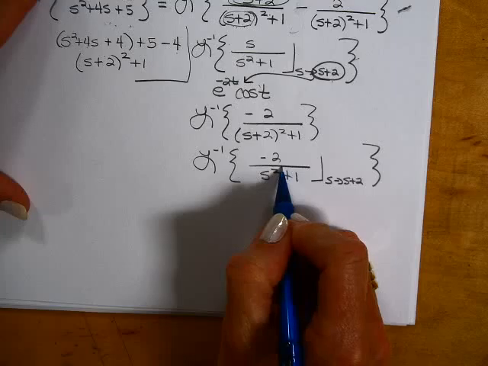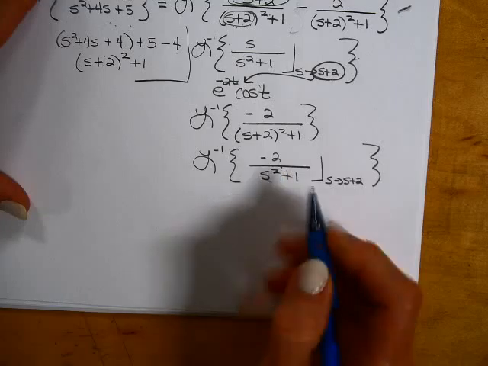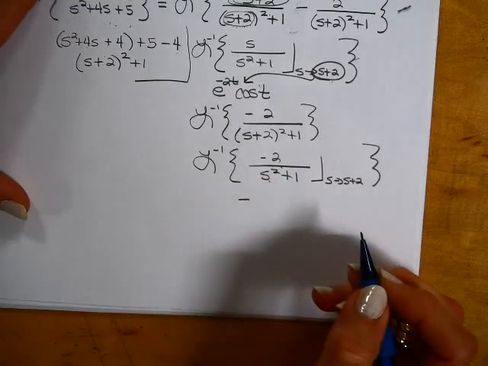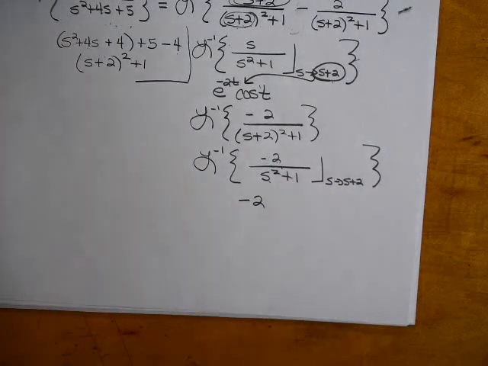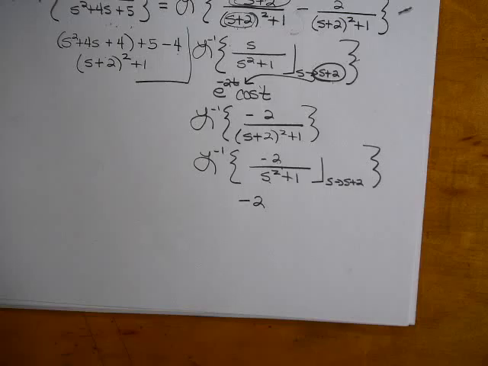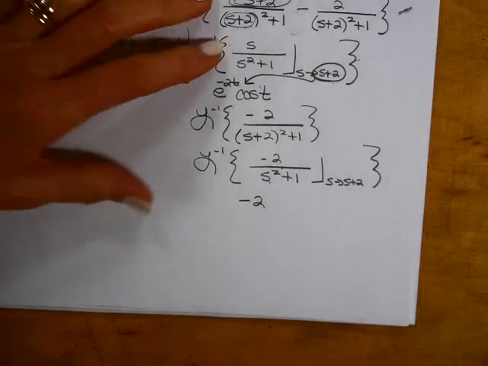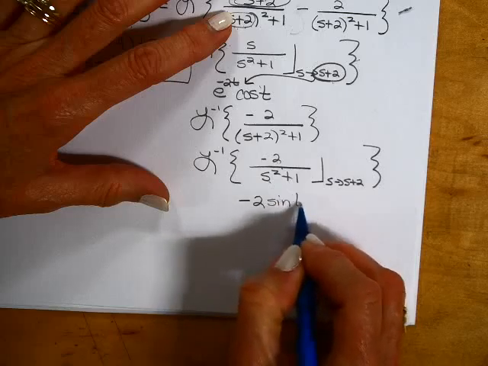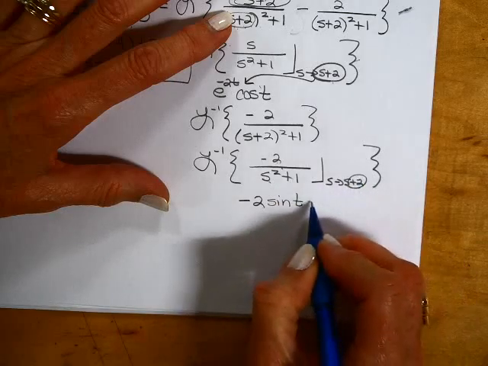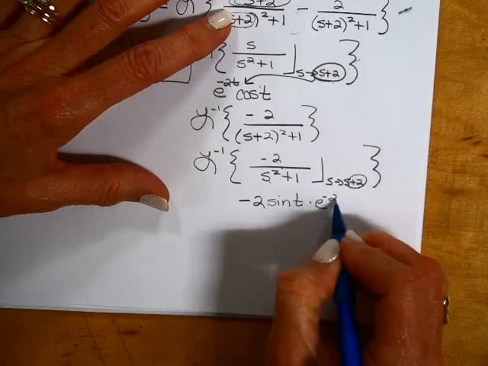This one matches the sine function. So I just need the negative 2, don't I? Because I'm supposed to have a k on top, which is just a 1, so negative 2 sine of t, and then I have this e to the negative 2t.